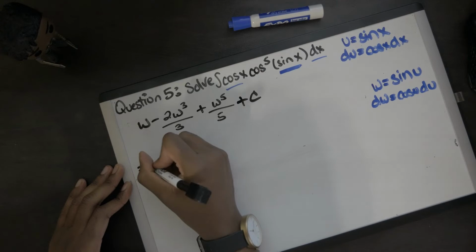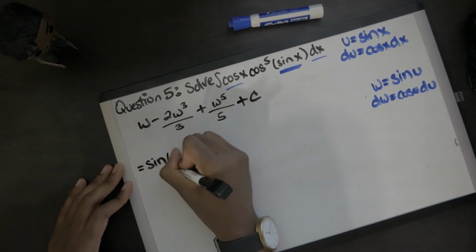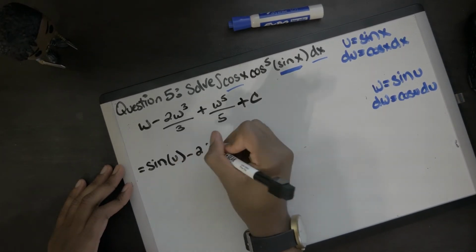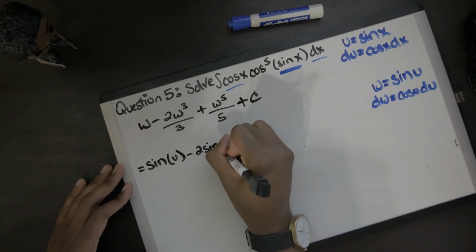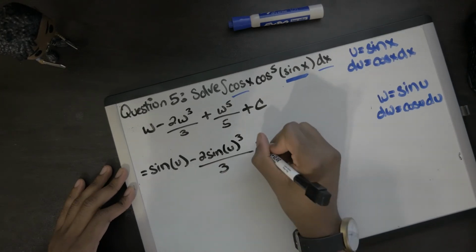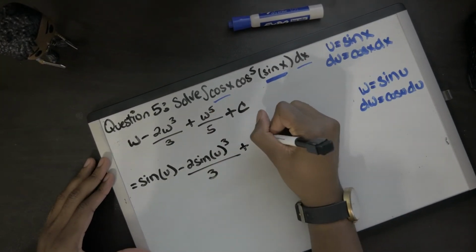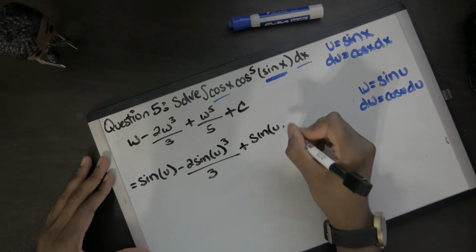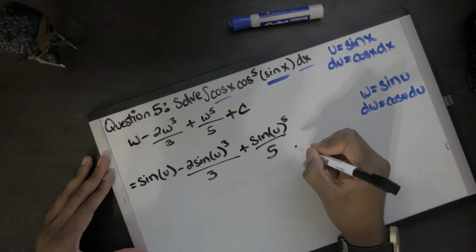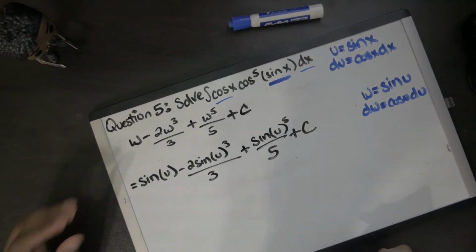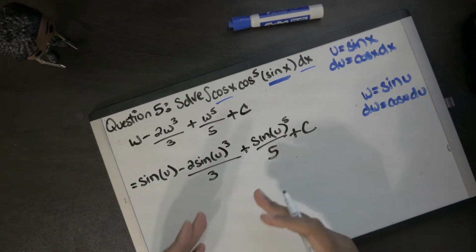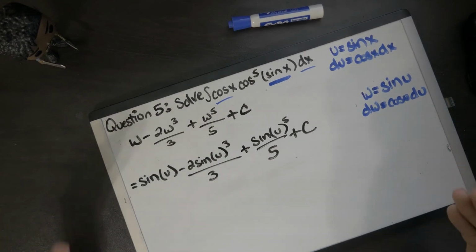We'll do w equals sine u, minus, we have a 2w, so that's going to be 2 sine u to the third power over 3 plus, you guessed it, sine u to the fifth over 5 plus a constant. Are we done though? Because I thought we started with x and we still have u's. Well, let's look at the values of u's.